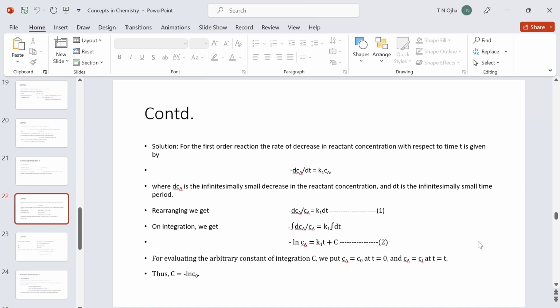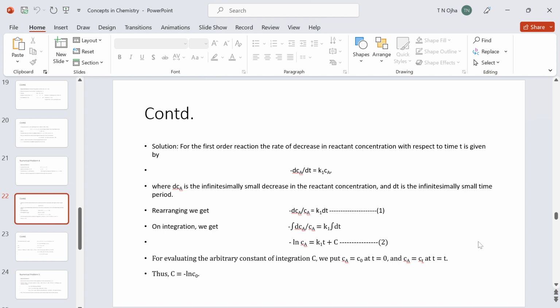Solution. Rate equation: minus dCA over dt equal to K1 Ca. Power to Ca is 1 because it is said that the reaction is order 1. Now rearranging the equation as earlier we did, and then integrating, we get negative ln Ca equal to K1T plus C. Here C is the integration constant, an arbitrary constant.